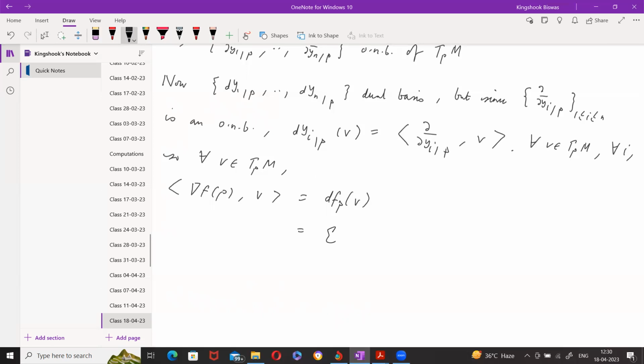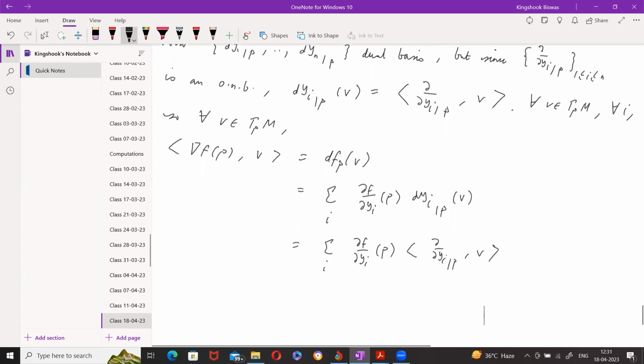This is the sum over i of del f del yi at P times dyi at P acting on V. But dyi acting on V is the inner product, so this is the sum over i of del f del yi at P times the inner product of del yi at P with V.